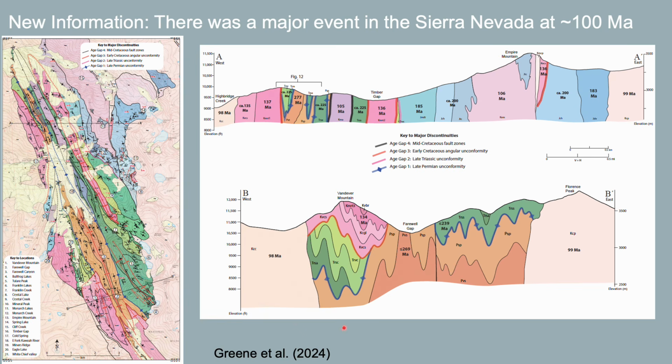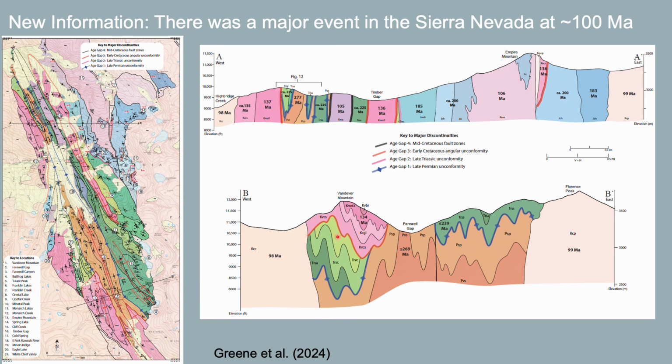Since the hit and run model was published, there's now new information from the Sierra Nevada. What you can see is a map on the left and cross sections on the right from Green et al., where they show intense folding of the rocks and lots of cryptic strike slip faults.